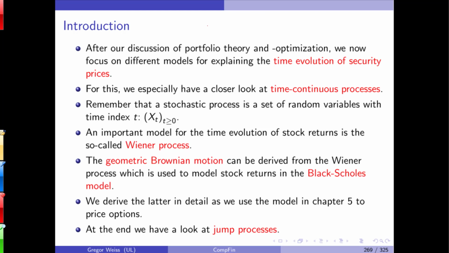Okay. Now, which models are we looking at? We are looking at models in continuous time, Modelle in stetiger Zeit, meaning that changes can take place in continuous time and not just in discrete time. It's a little bit tricky.